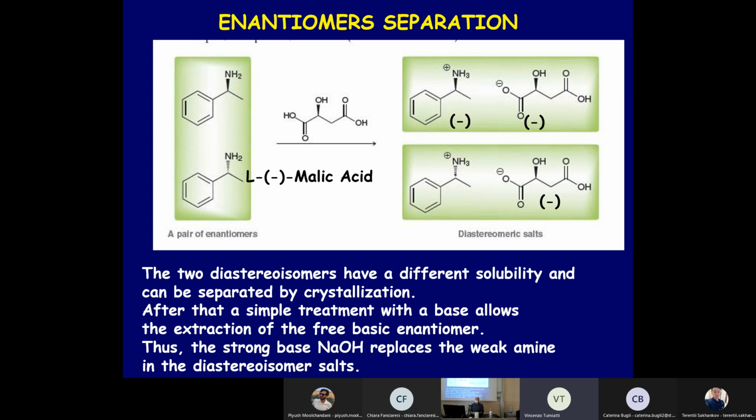In this case they are two bases, using a natural optically pure acid. Otherwise, if we have a mixture of two acidic compounds, two enantiomers, we have to use an optically pure base.